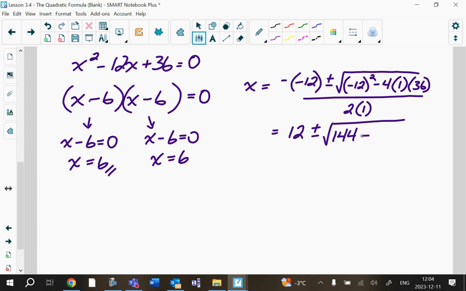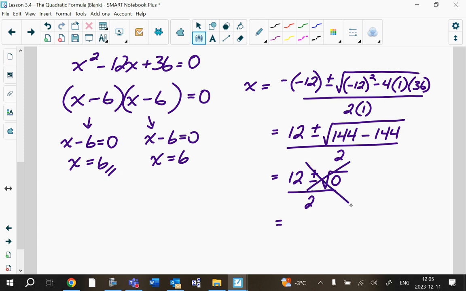Minus, what's 4 times 1 times 36? Use a calculator if you need to. So it's minus 144 over 2. So that means we get 12 plus or minus the square root of 0 over 2. The square root of 0 is nothing, so that completely disappears, and I'm just left with 12 divided by 2, which is 6. Has to be the same.